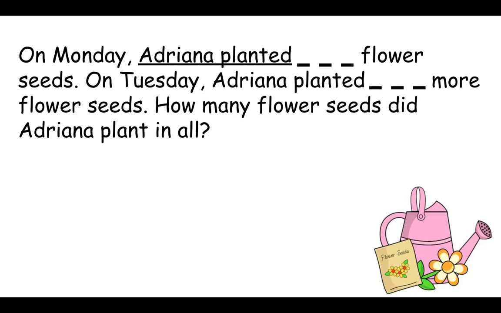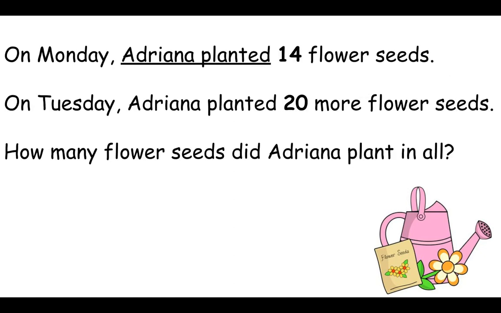Now I'm going to add in our numbers. Listen as I read the problem again with our numbers. On Monday, Adriana planted 14 flower seeds. On Tuesday, Adriana planted 20 more flower seeds. How many flower seeds did Adriana plant in all?